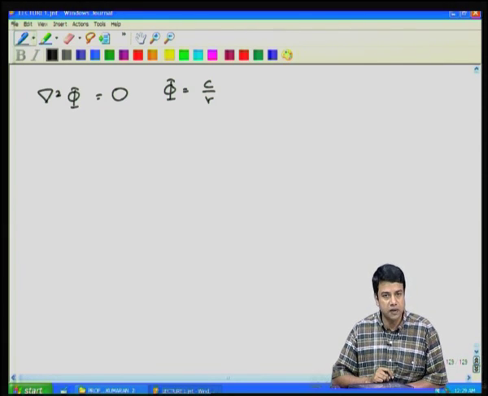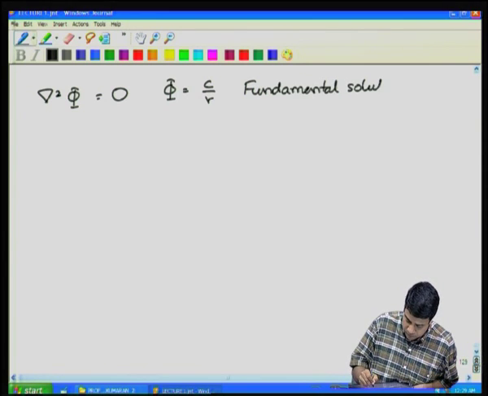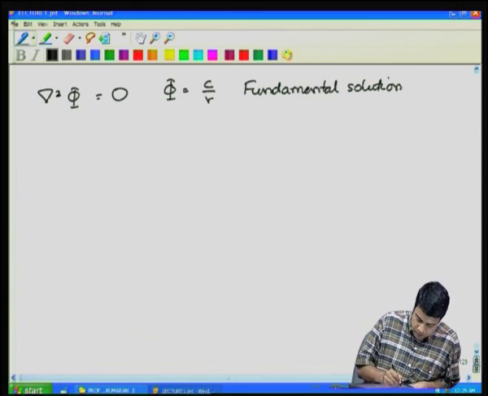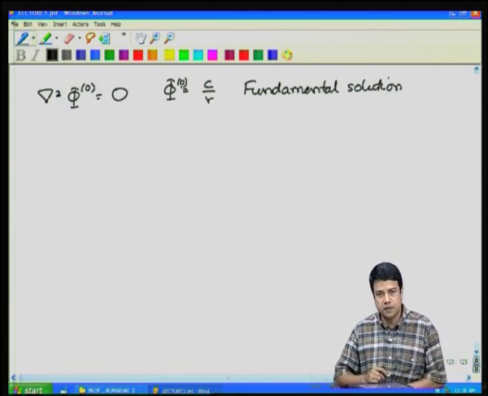Let us call this the fundamental solution. I will put it with a 0 over here. This is the fundamental solution.